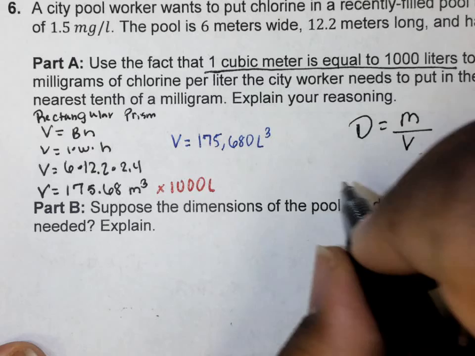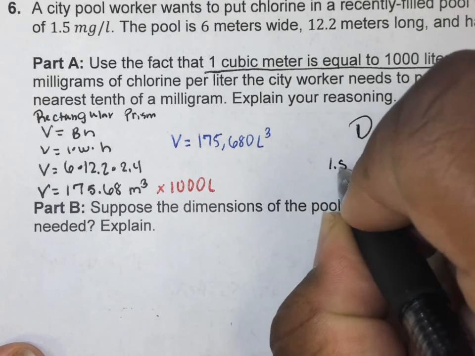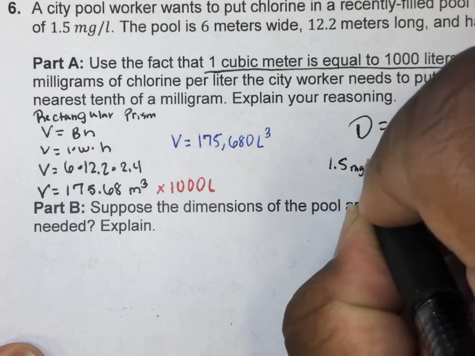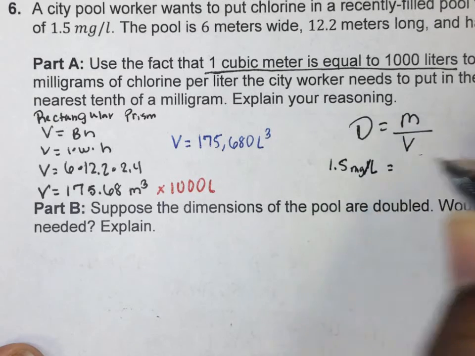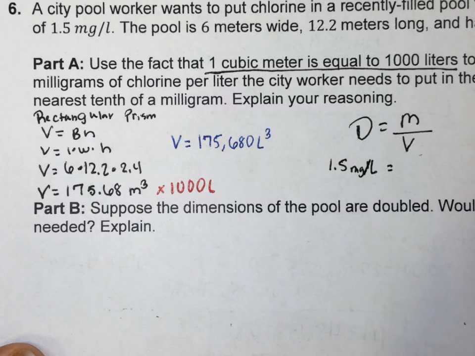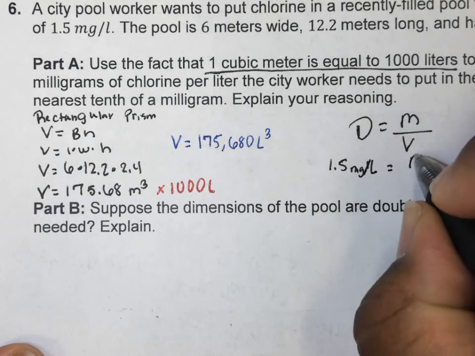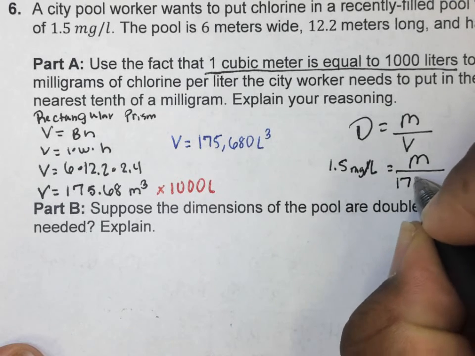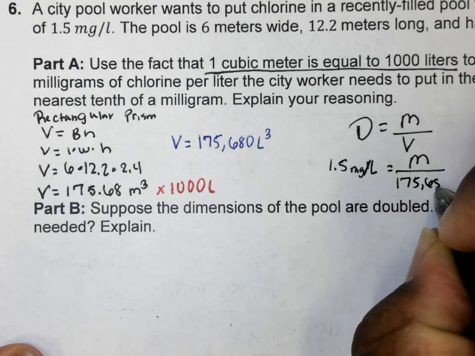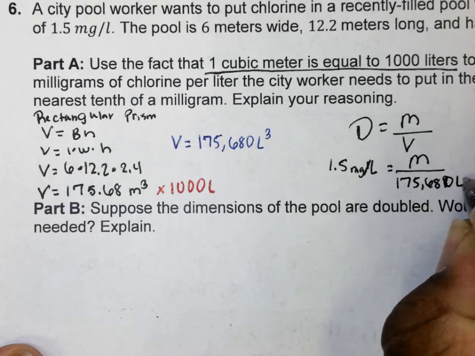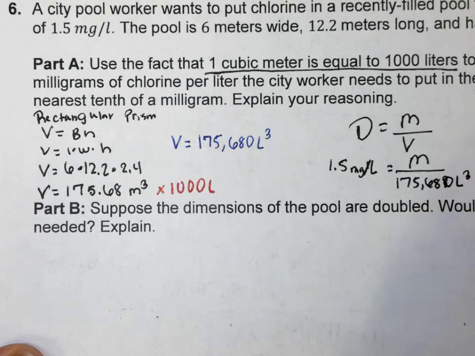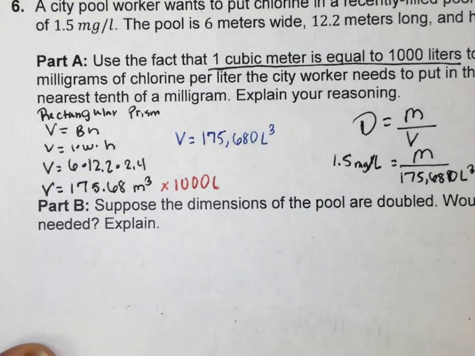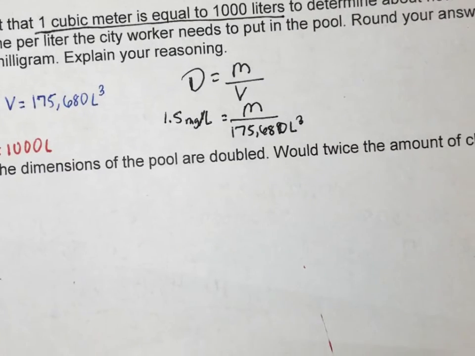My density was 1.5 milligrams per liter. Then my mass I don't know. We just found our volume was 175,680 liters.